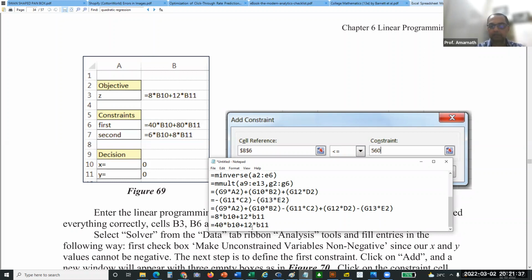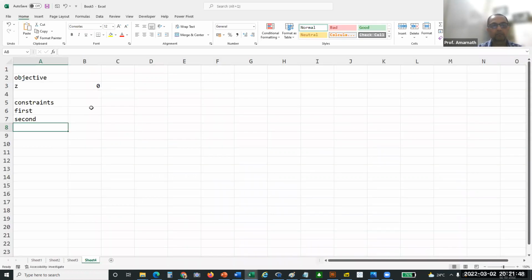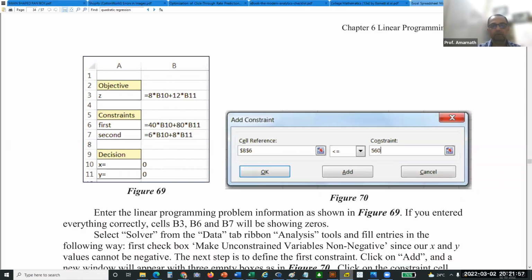So this is 80. Is 6 multiplied by B10, 8 multiplied by B11.